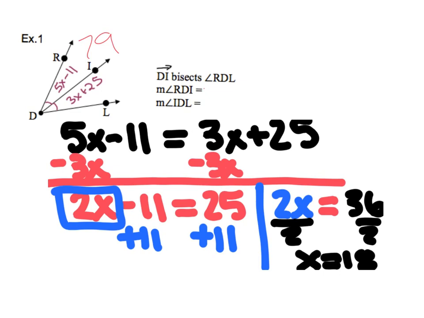And then I'm just going to check it to make sure. 3 times 18 plus 25. Hopefully, if we did everything right, we get the same answer. And in this case, we do. So both of those should be 79 degrees. Please write them here. That's too small of a space, but that's where it should go, in this space here.